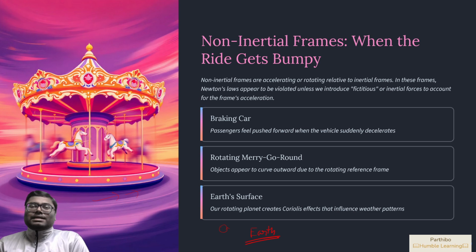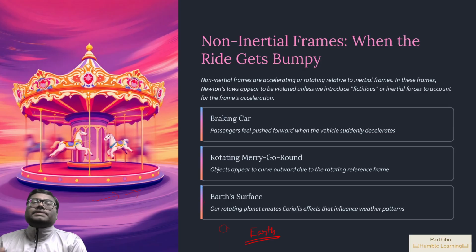Those things are observed in a non-inertial frame because Earth is not at rest. So whenever we observe something, those fictitious forces come into our observation. If we don't consider those fictitious forces, we will not get accurate results.